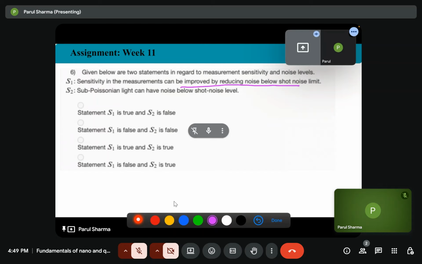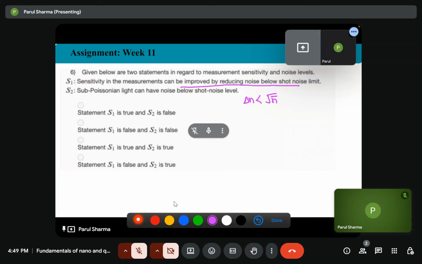So we saw that if delta n is lesser than n bar, if delta n equals 0, then we will have the perfect subpoissonian light. And if we have the squeeze light that is reduced below the short noise, the fluctuation will be less and we can detect it better.